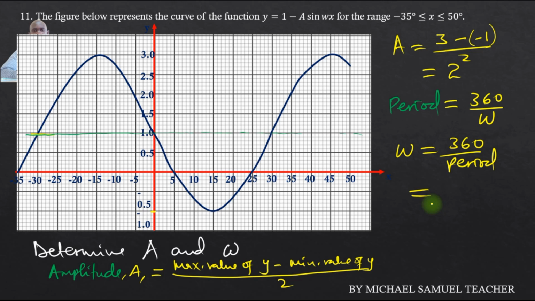So we started from minus 35 all the way up to this particular point. That's where the curve has completed one oscillation, and the difference will be 25 minus minus 35. So we end up getting 60 degrees.